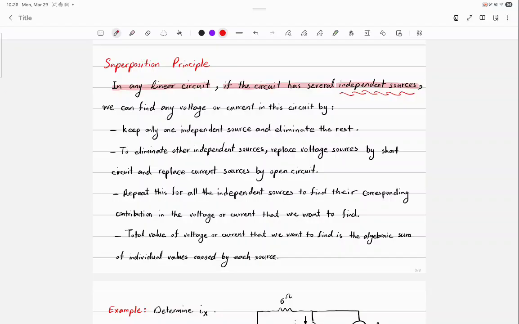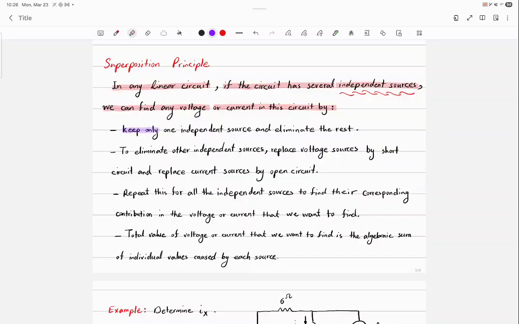Everything is dead. Because dependent sources won't energize the circuit, right? They don't give any power to the circuit unless there are some independent sources, okay? So remember, only independent sources. Then we can find any voltage or current in the circuit by this method.